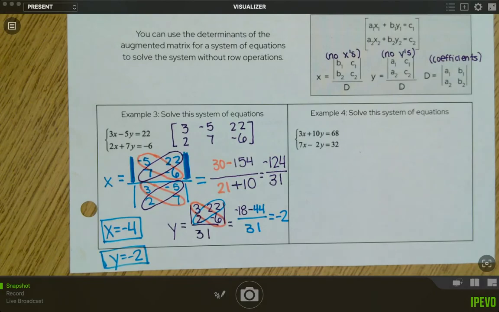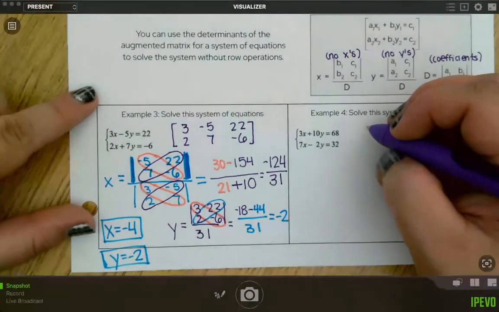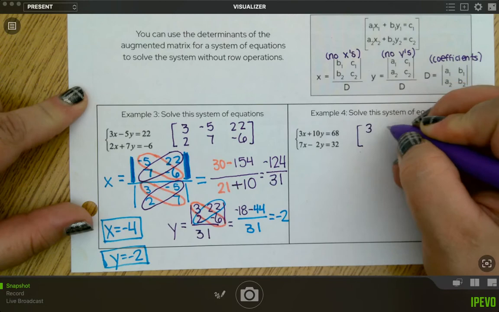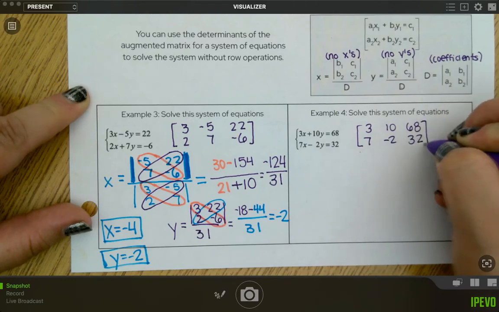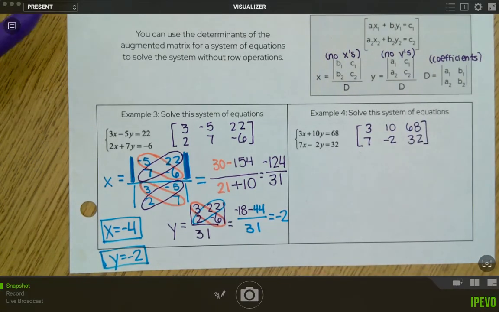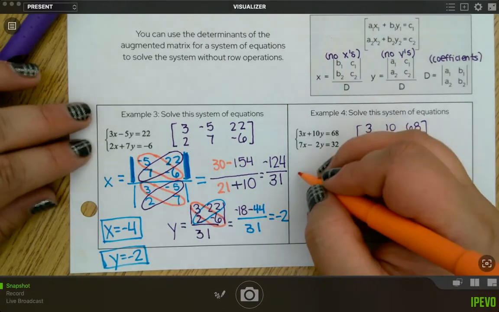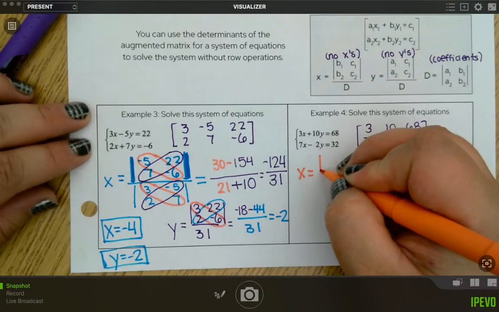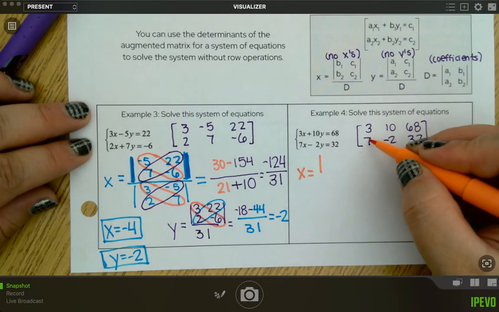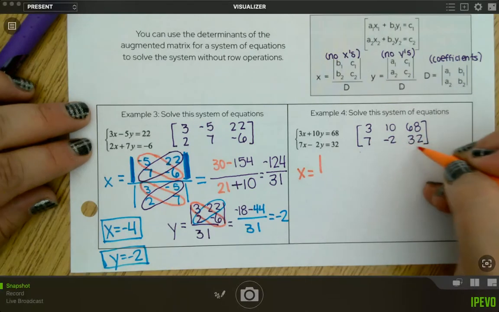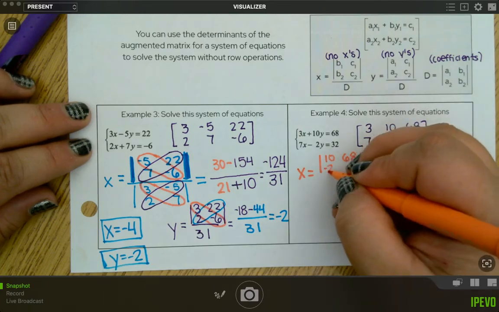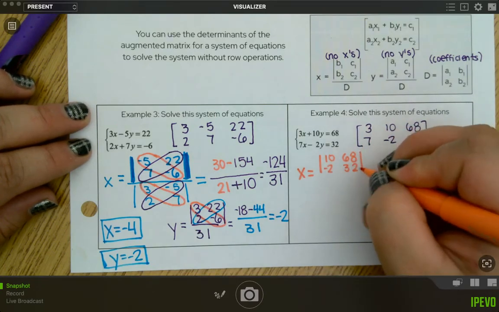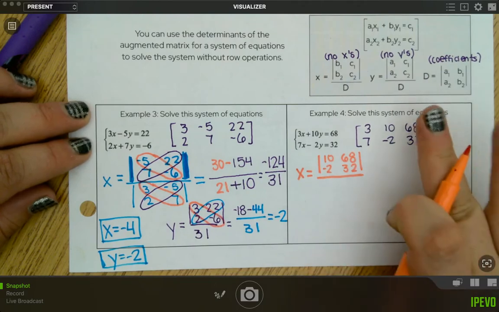Okay, last example. We're going to make it to a matrix. 3, 10, 68, 7, negative 2, 32. And then for the x, skip the x column. So 10, 68, negative 2, 32. And on the bottom, cover up the answer part.